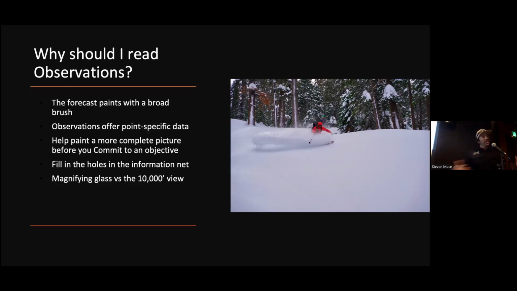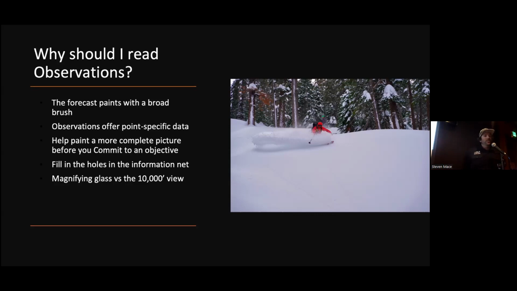And we have to encompass all of those things in a very concise package. Observations from specific areas can offer you a lot more detail on specific places you want to visit or recent conditions in the places you want to go.